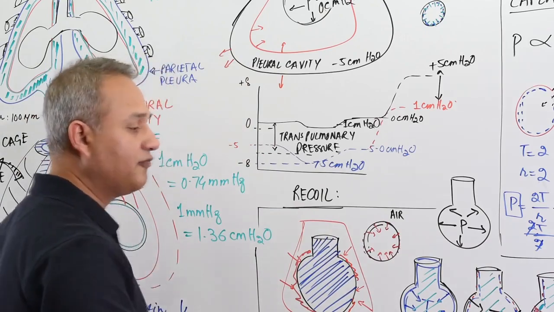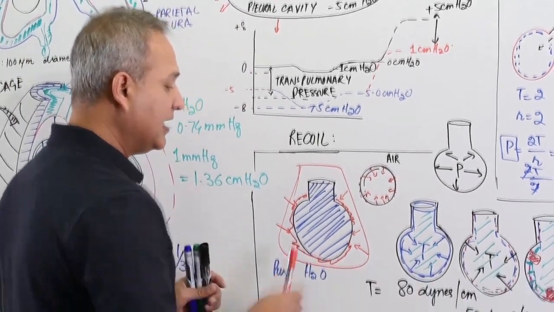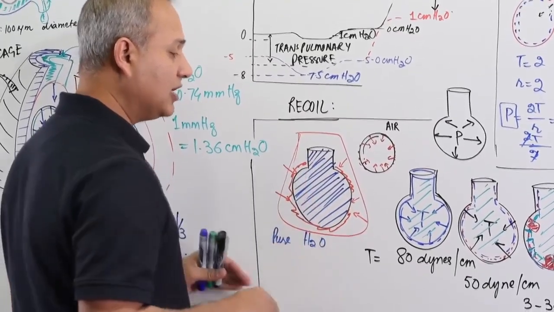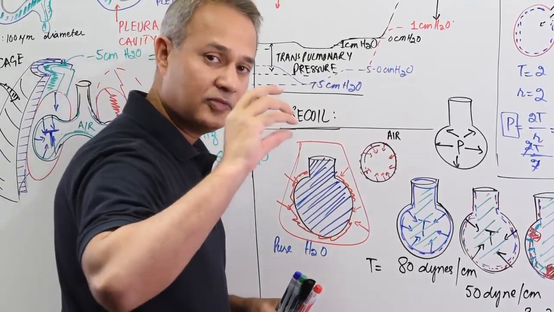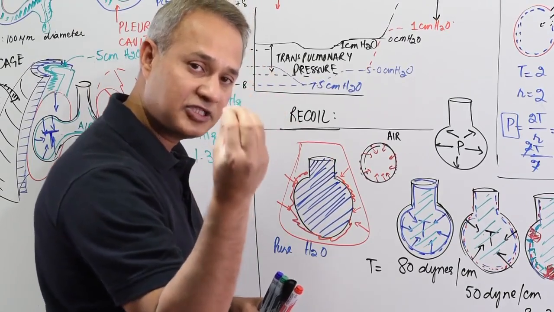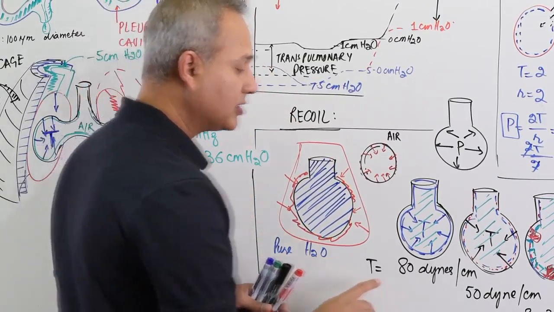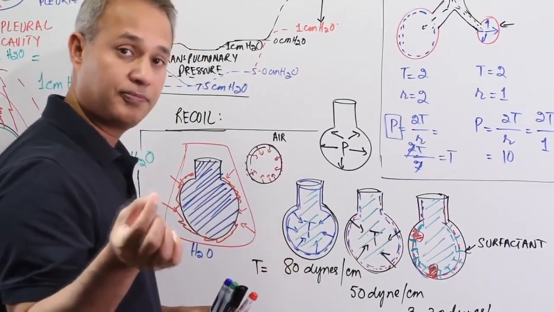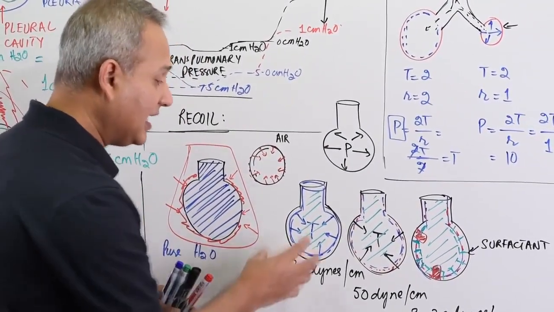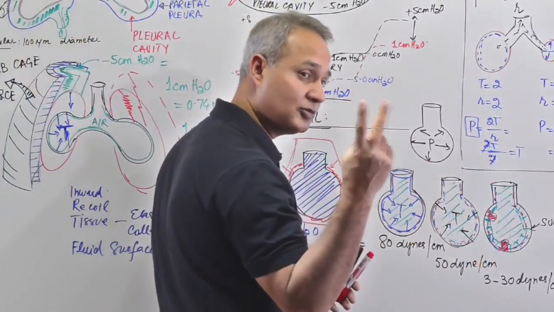But how about the fluids that are present? So here is a simple thing to understand. If you take the alveoli and fill them with water, then the recoil surface tension goes away. It becomes 0. However, if you fill the alveoli with pure water, then the surface tension in the wall of the alveoli is contributed by two things.